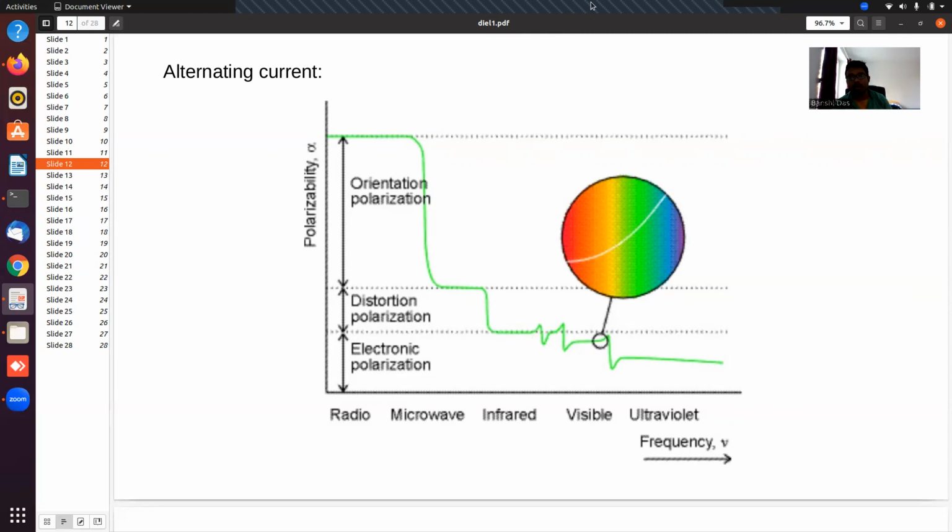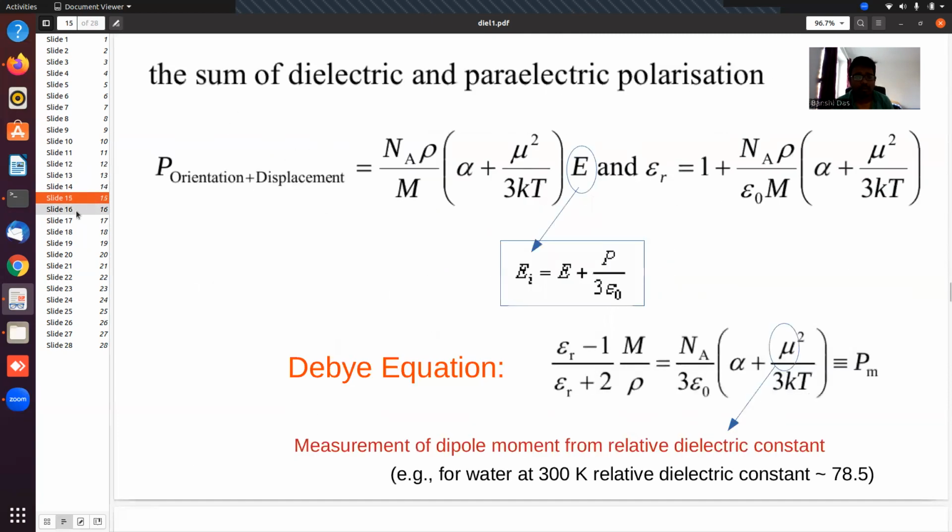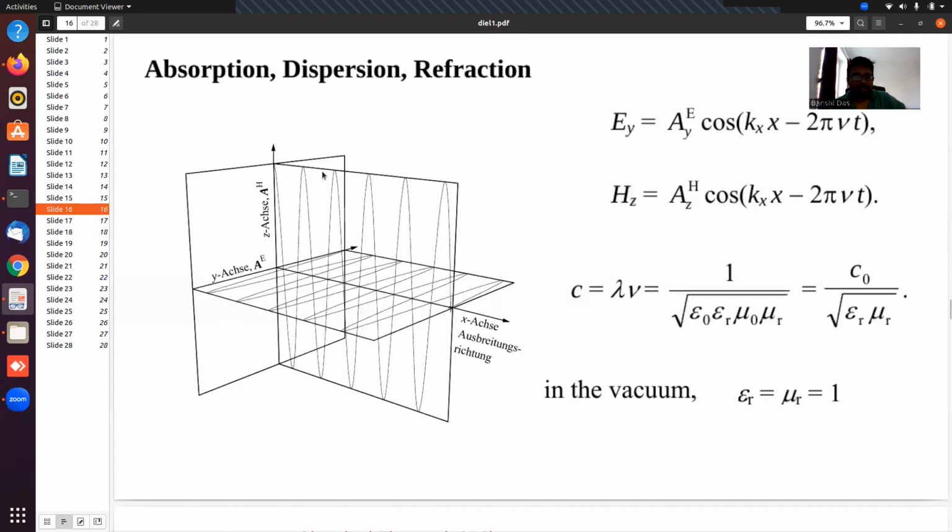This is an important topic nowadays to get the material property and to get to know the microscopic property. Microscopic property means structure and dynamics of the material, and we are using the light wave.